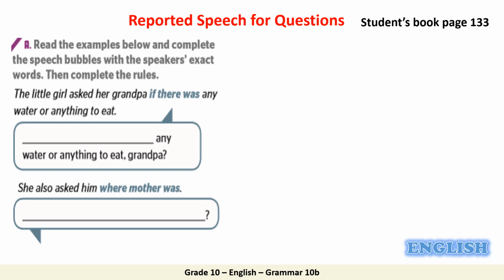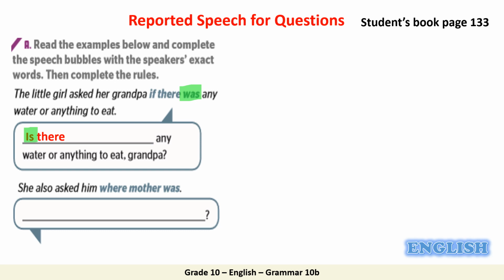Sentence 1: The little girl asked her grandpa if there was any water or anything to eat. Excellent. Is there any water or anything to eat, grandpa? So what did you do here? Was became is in the original direct speech, and the if was deleted.